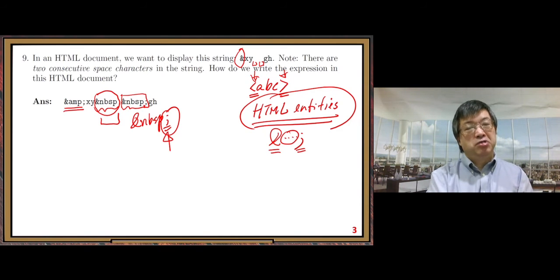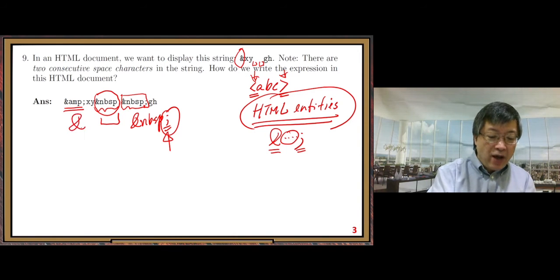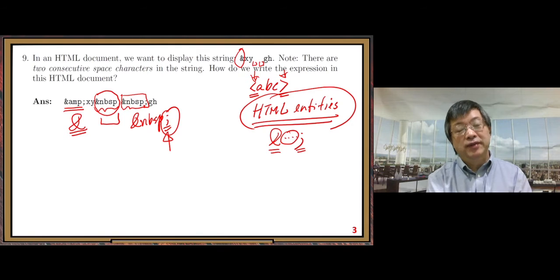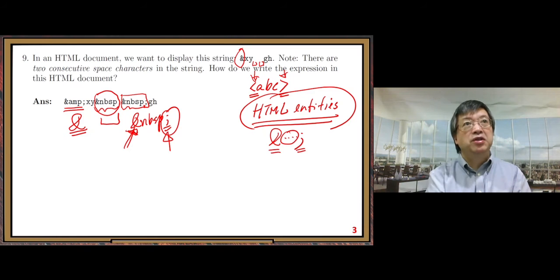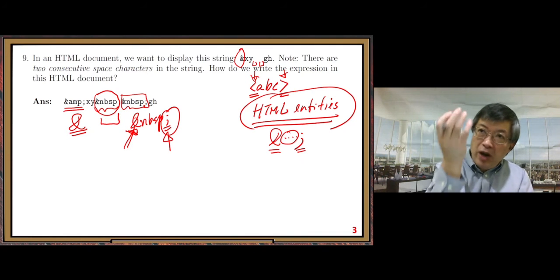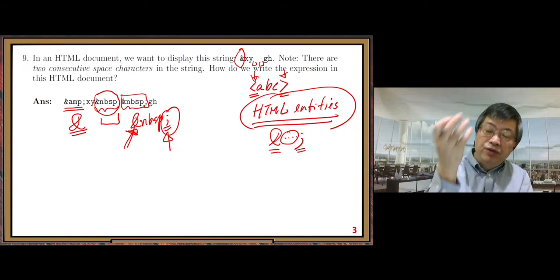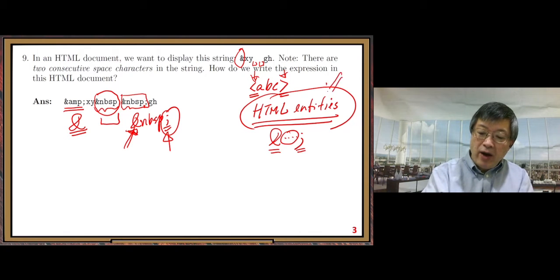So many students do not know you cannot write ampersand directly, because ampersand is a special character. You use ampersand for some special notation, a special symbol. That means the ampersand sign is a special character in HTML. So if you want to display it literally, you have to use the HTML entity way.